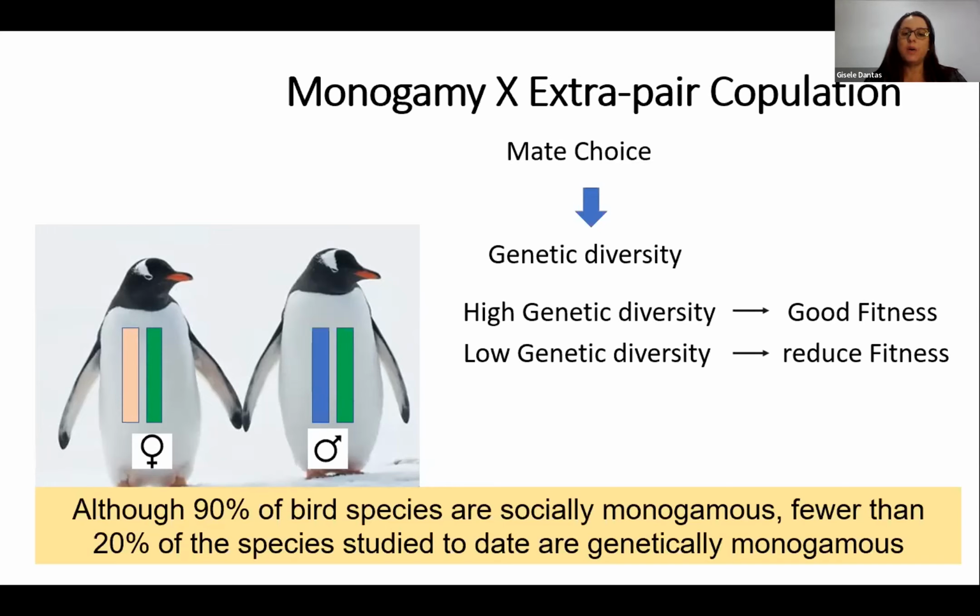So why are individuals involved in extra-pair copulation? High genetic diversity is good for fitness, and low genetic diversity can reduce the fitness. Although 90% of birds are socially monogamous, only 20% of the species are studied genetically.